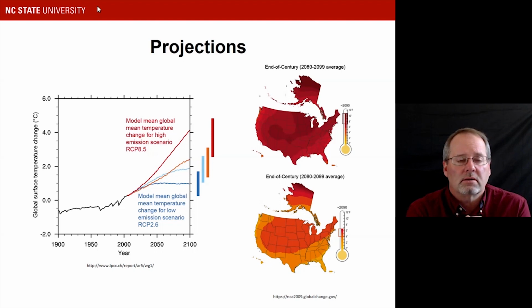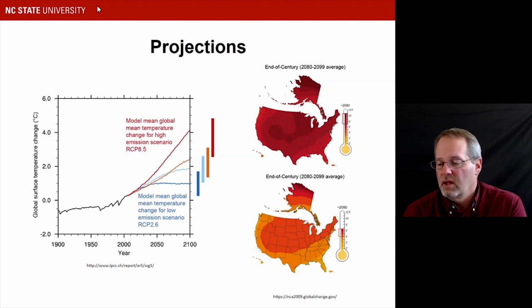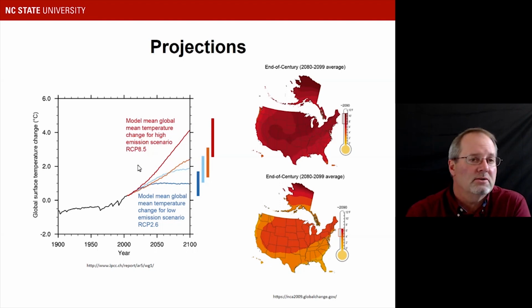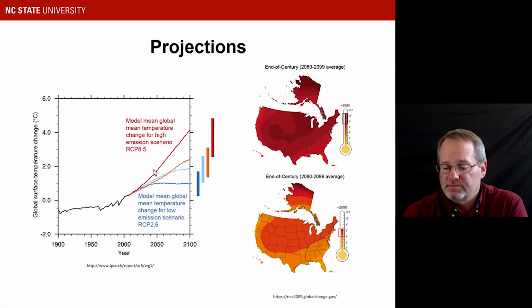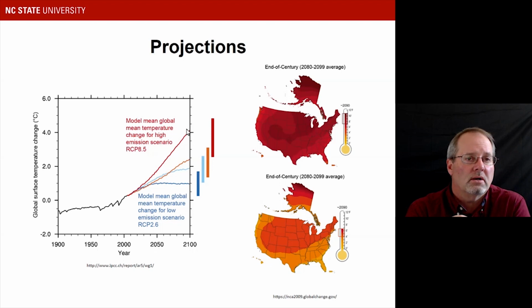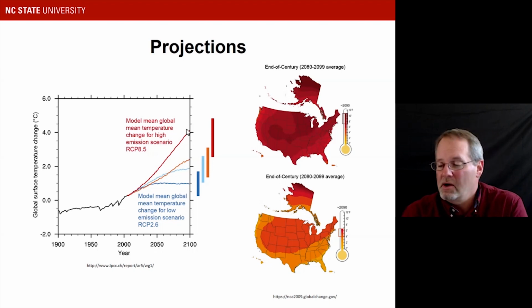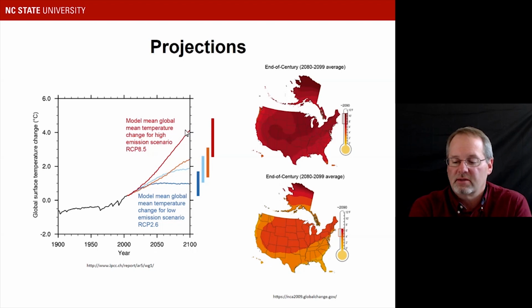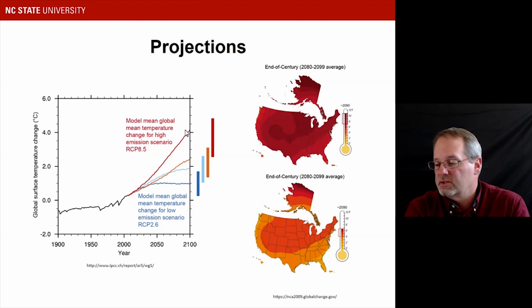There are many different kinds of projections for temperatures, and it depends on what model you look at, which will tell you where you think the global Earth temperature is going. In the worst case scenario, we're looking at this upper red curve, and you can see that maybe it's a 4-degree increase in global temperatures.